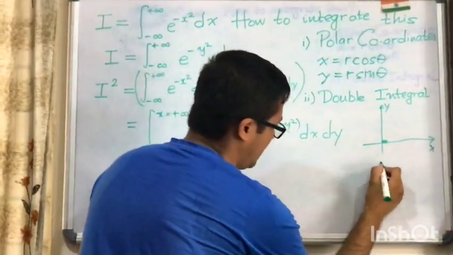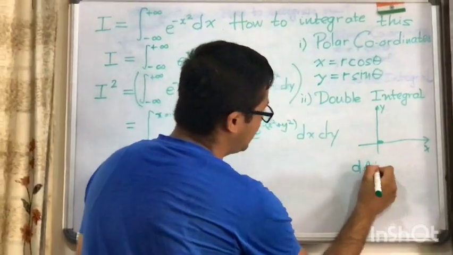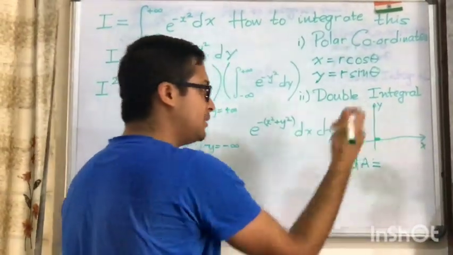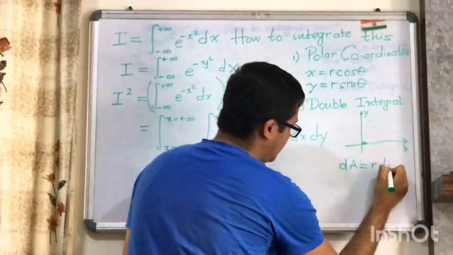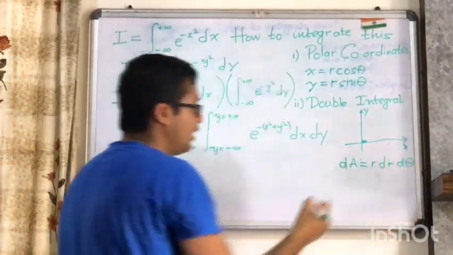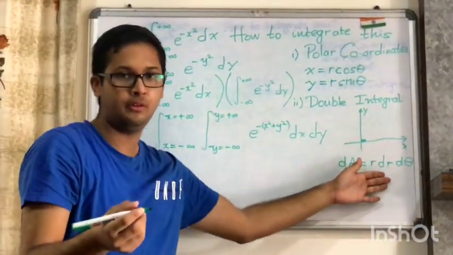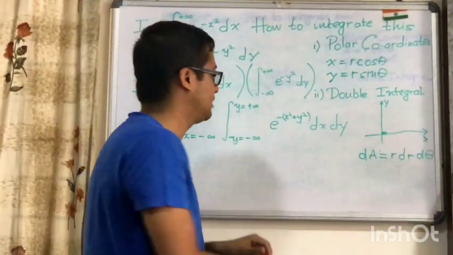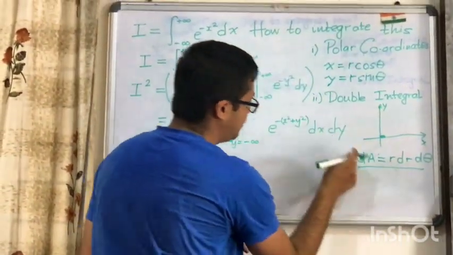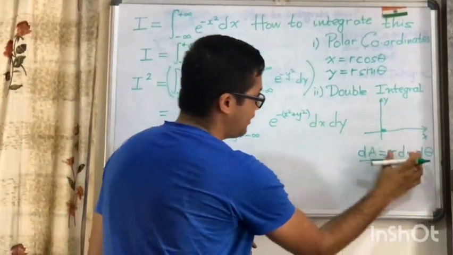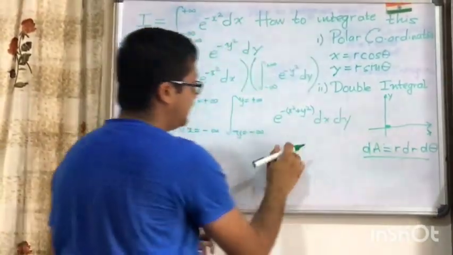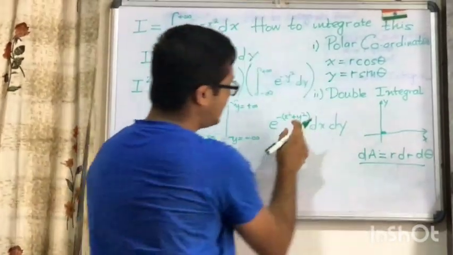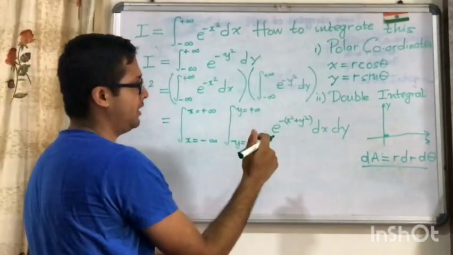The small area in polar coordinates in the same xy plane is r dr d theta. For those of you who want to know the proof for this, you can watch the extra video attached at the end. And we will substitute r dr d theta in place of dx dy.